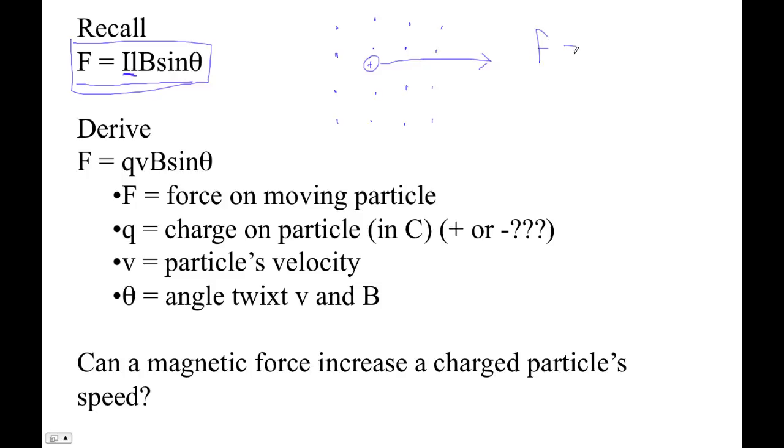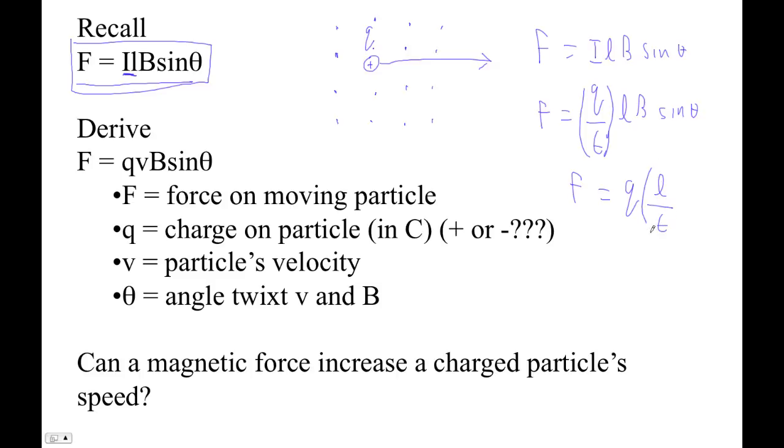So force is I L B sine theta. Current is just Q divided by T, so we've got some charge Q. So force is Q over T, that's our I, times L times B sine theta. Then we can use the commutative property and move that T underneath the L. I can go F is Q times L over T times B times sine of theta.